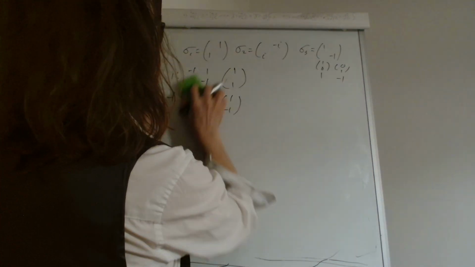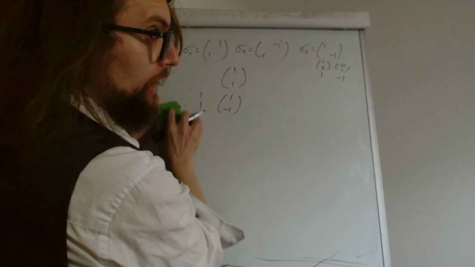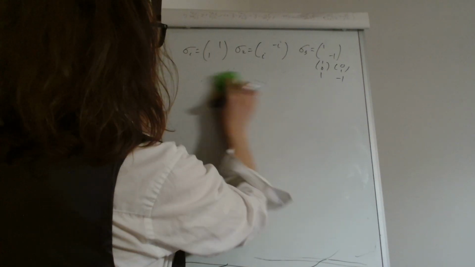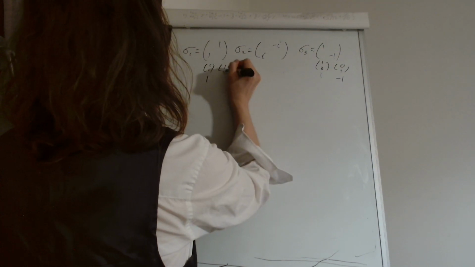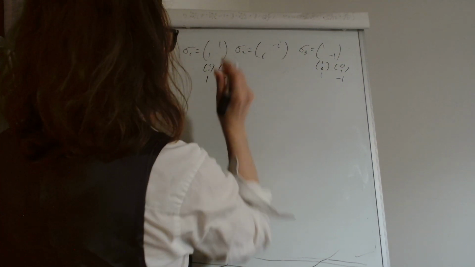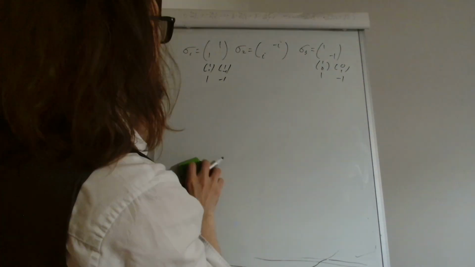So this is the eigenspace of sigma 1: 1 1 with eigenvalue 1 and 1 minus 1 with eigenvalue minus 1, and then we have sigma 2.